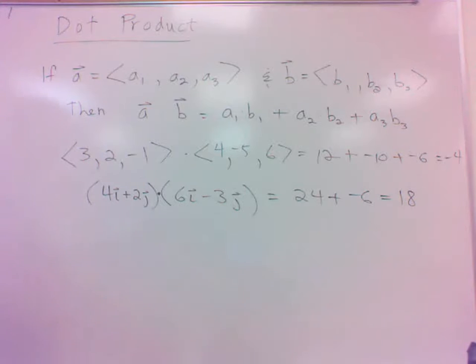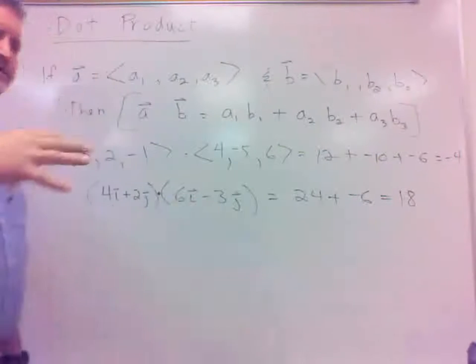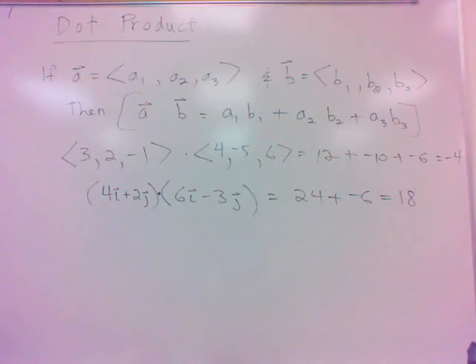All right. Now, that's great. That's fine. However, it's also helpful to get a secondary way. We'll utilize both ways, but there is an alternative way to calculate the dot product, and it has more to do with the geometric interpretation.